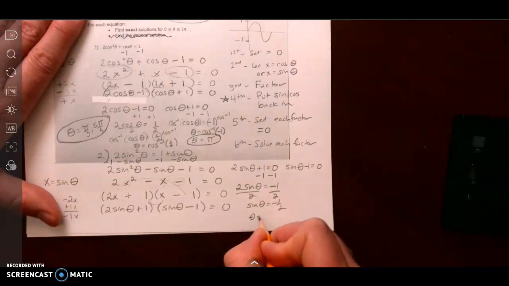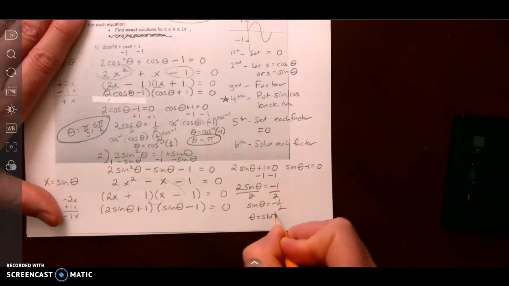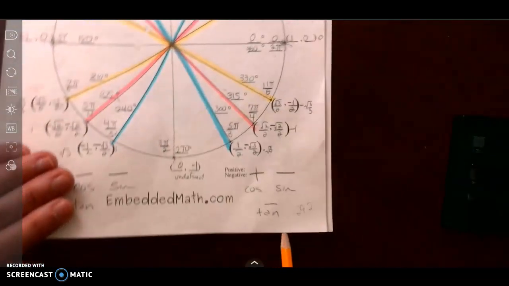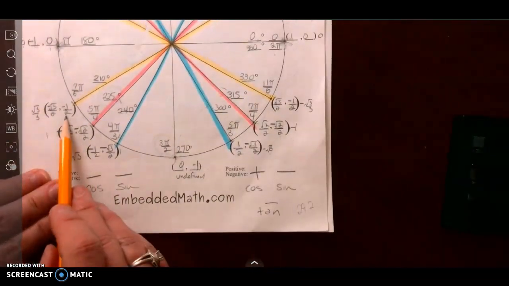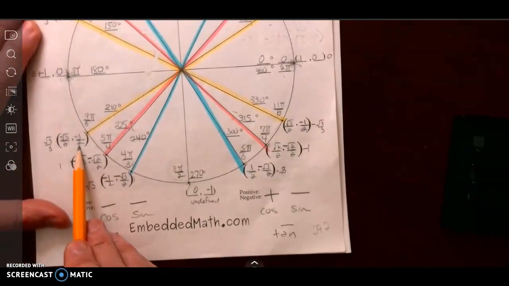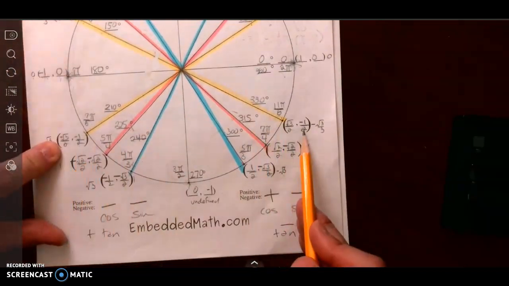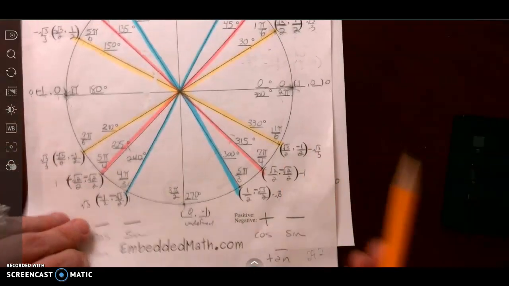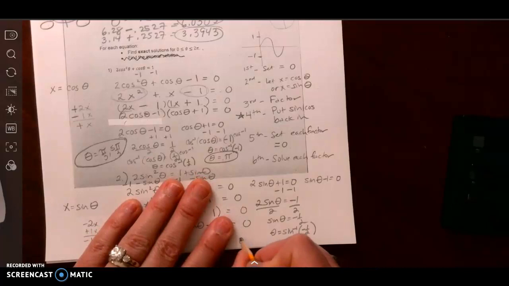So theta is the inverse sine of -1/2. So I go to my unit circle, and I'm looking for a y-coordinate of -1/2. Y-coordinate right here is -1/2, and over here is -1/2. That's 7 pi over 6 and 11 pi over 6. So theta equals 11 pi over 6 and 7 pi over 6.